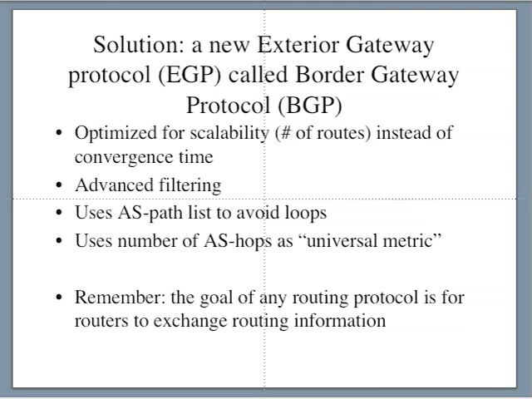And so that's how it avoids loops. In addition, Border Gateway Protocol uses the number of autonomous system hops as sort of a universal metric. If the route goes through 3 autonomous systems to get to you, the autonomous system path size is 3 autonomous systems.